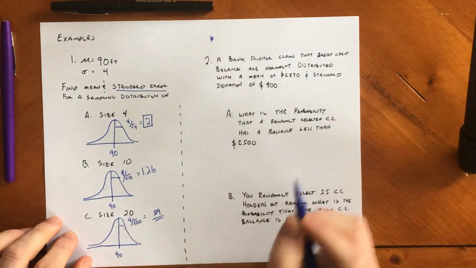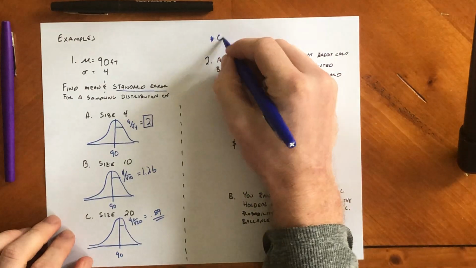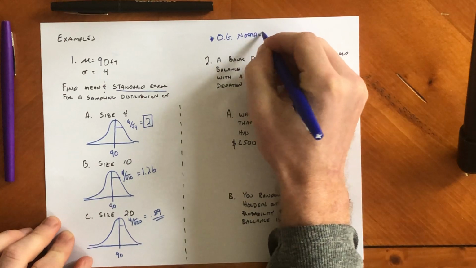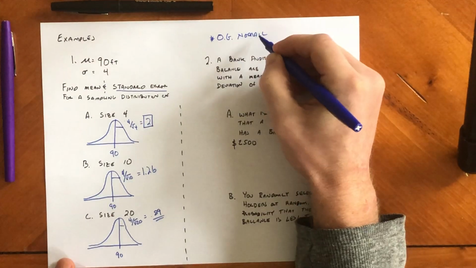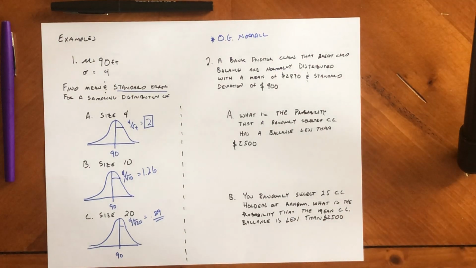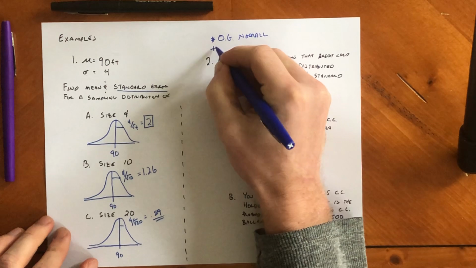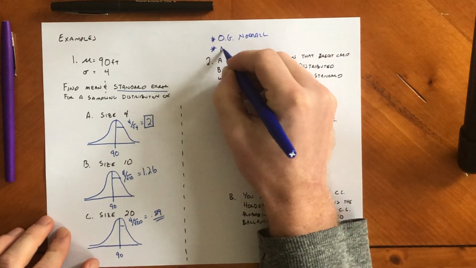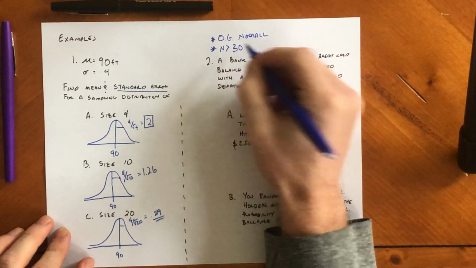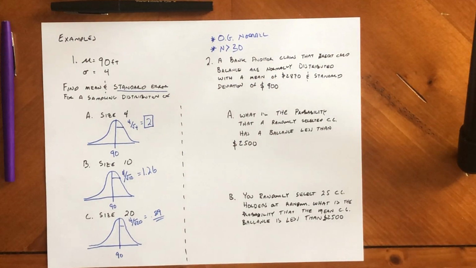One, if the original, we'll call it the OG, is normal, then you can go ahead and use the theorem. Or two, if n is bigger than 30, then we're in good shape. If n is smaller than 30 and the original isn't normal, then it's not going to work.